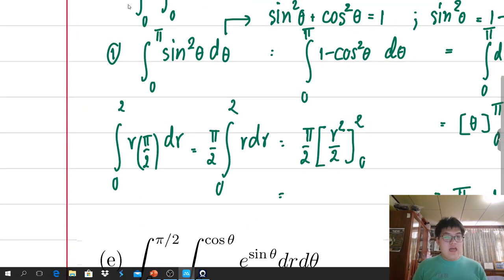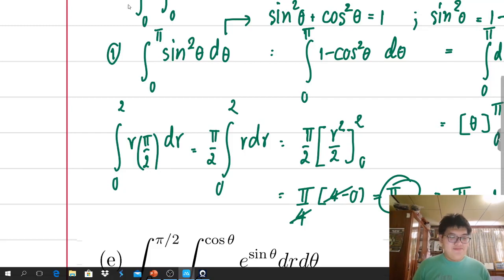This one is constant. We will move out, and it leaves pi over 4. This one is a 4. We will take r to be 2 and take r to be 0. 2 square is 4 and 0 square is 0. Then it just leaves only pi. And this is our answer.